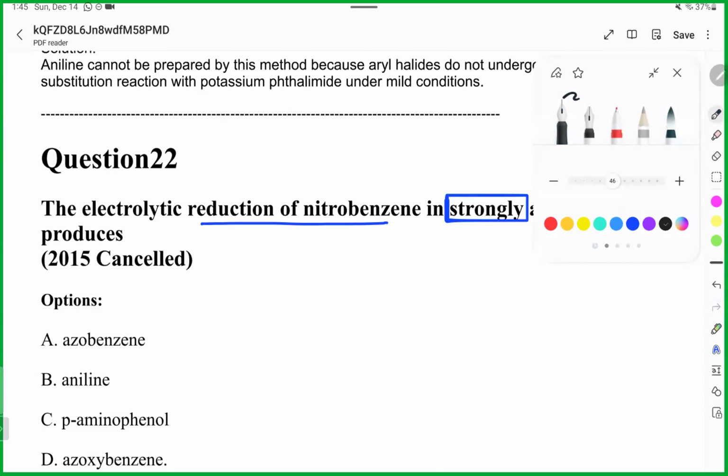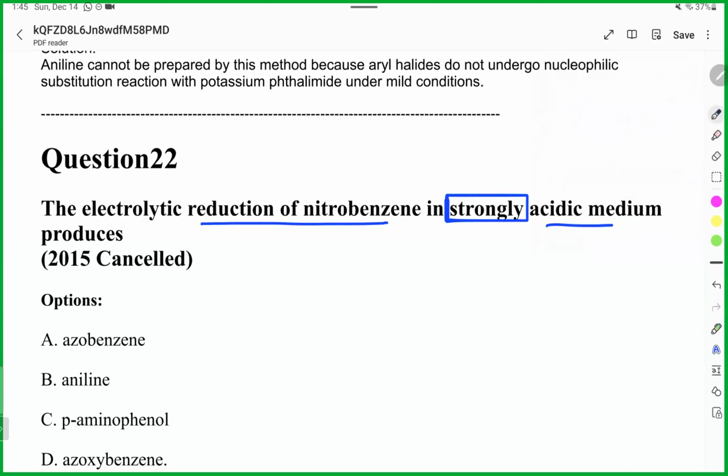But very logical. See, when normally you reduce a benzene ring with NO2, it is a mild system. But if you take a very strong acid, what will happen? This NO2 will react and hydrogen will be added here. Reduction means what?